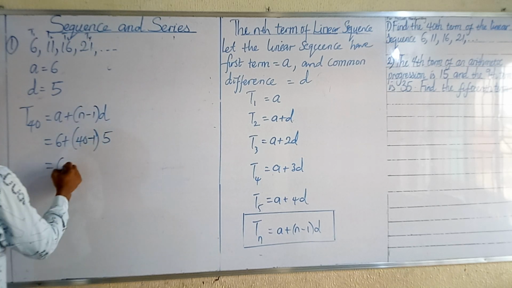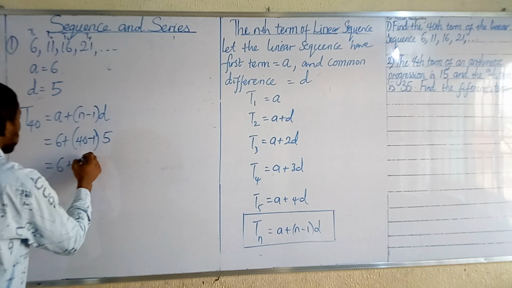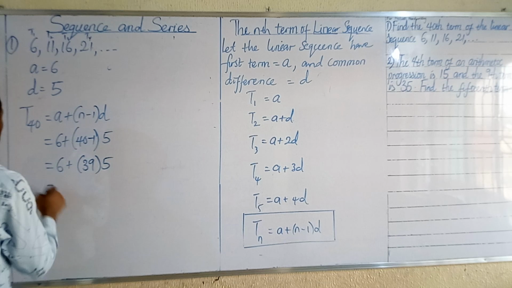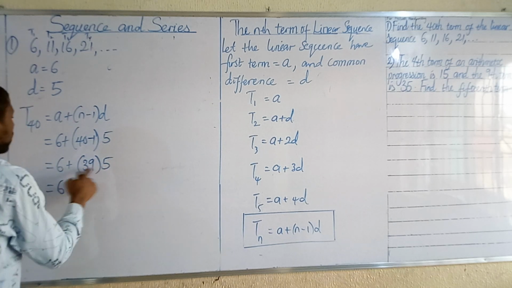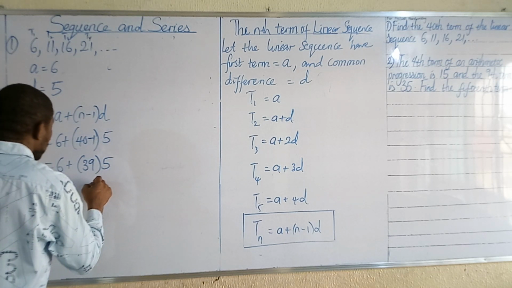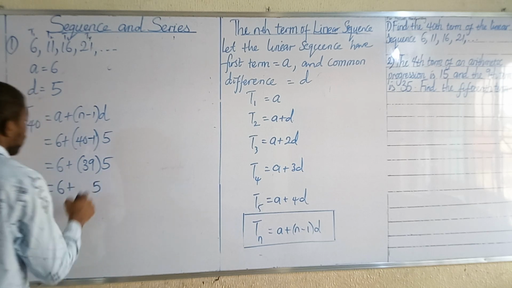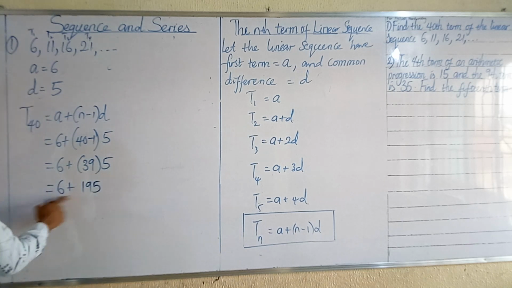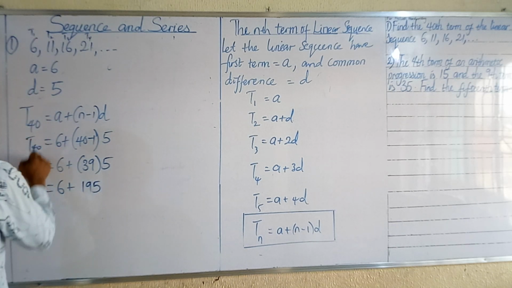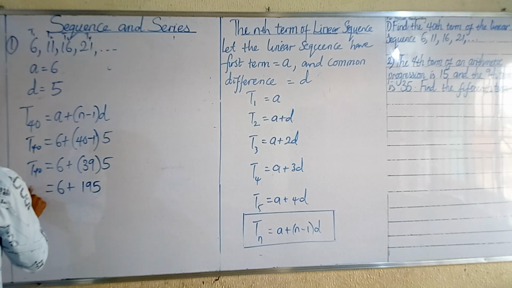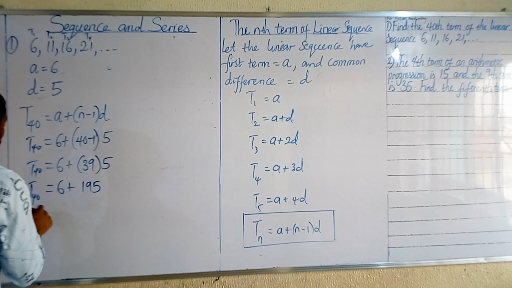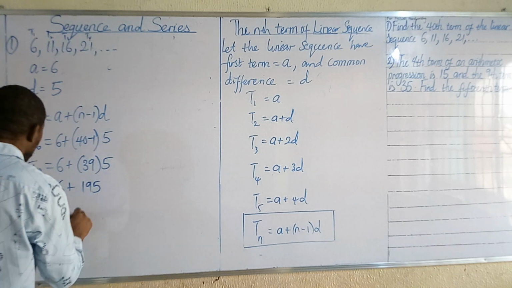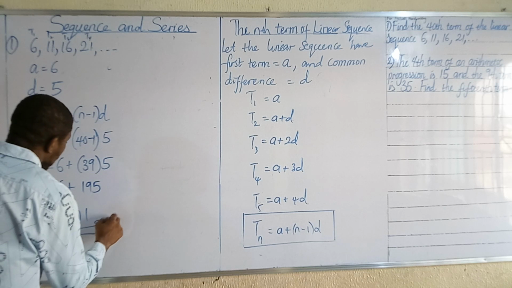Alright, so we have 6 plus 40 minus 1, which gives me 39, multiplied by 5. So T40 will be 6 plus 5 times 9 is 45. So write 5, carry 4. 5 times 3, 15. 15 plus 4, I have 195. 6 plus 195, so T40, which is the 40th term, that's what we are asked to get, T40 will now be 201. So this becomes our answer.